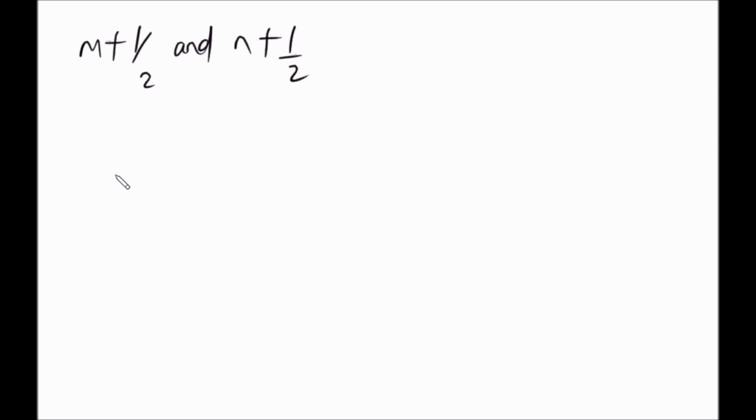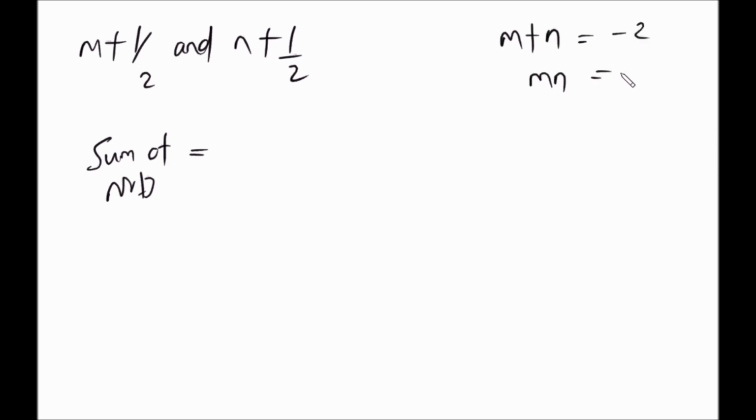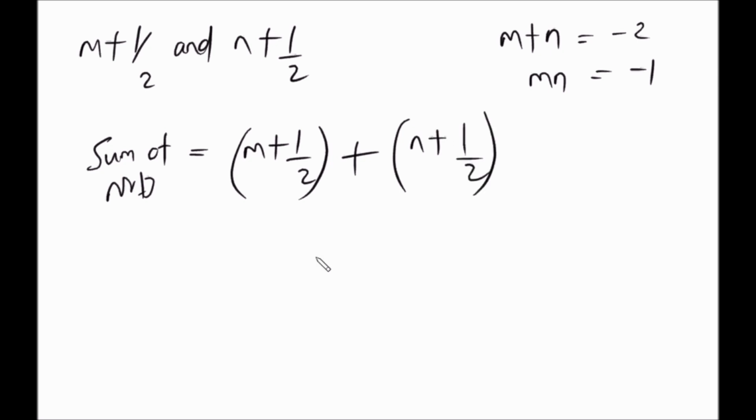So this time we have m plus half and n plus half. Now for the sum of roots, by the way, remember that m plus n is negative 2 and mn is negative 1. The sum of roots is m plus half plus n plus half.